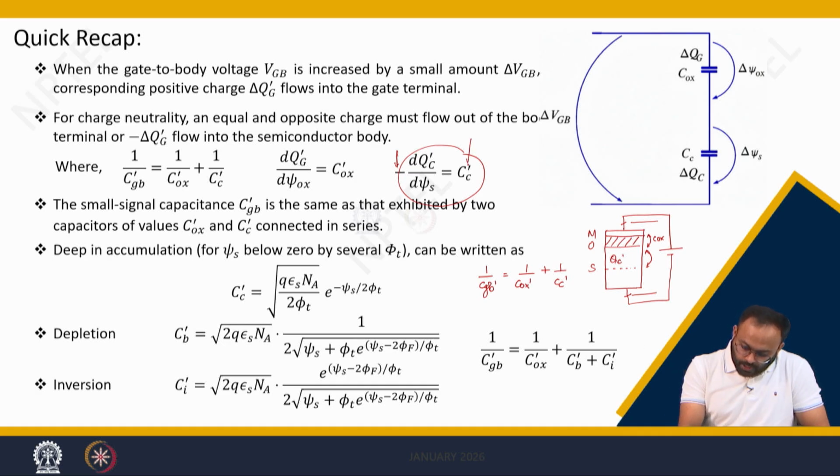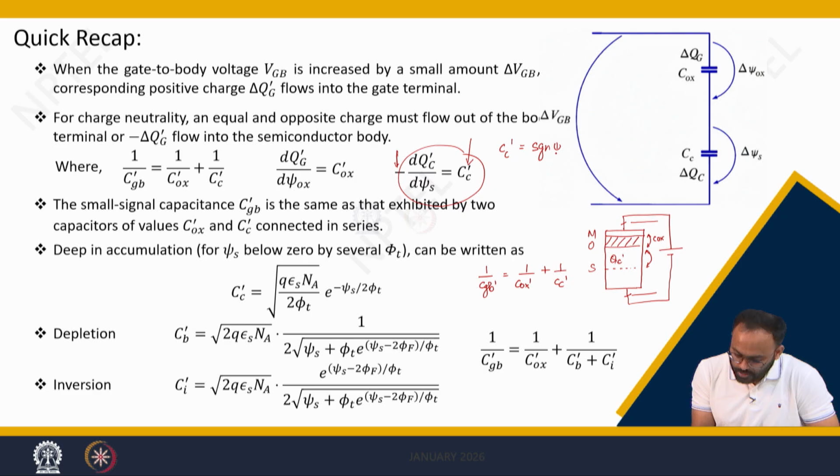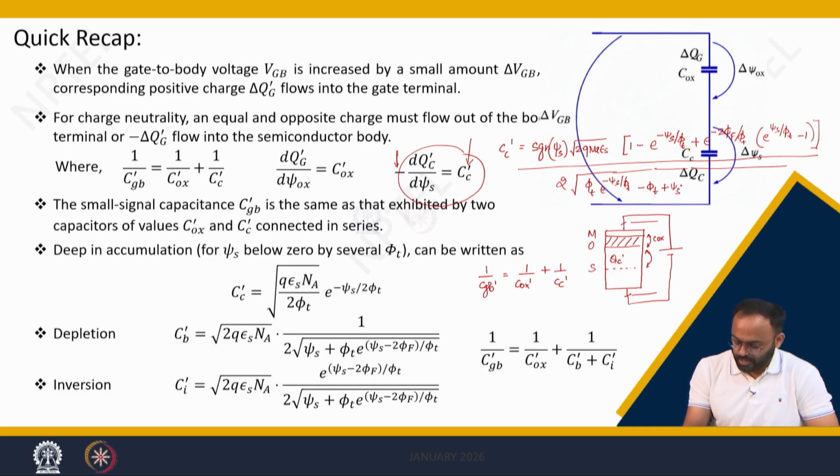Finally, we concluded the closed form equation of CC dash, which is CC dash equals signum of psi s, square root of 2 q Na epsilon s, times 1 minus e to the power of minus psi s by phi t plus e to the power of minus 2 phi f by phi t into e to the power of psi s by phi t minus 1, divided by 2 times square root of phi t e to the power of minus psi s by phi t minus phi t plus psi s plus e to the power of minus 2 phi f by phi t into e to the power of psi s by phi t into phi t minus psi s minus phi t.